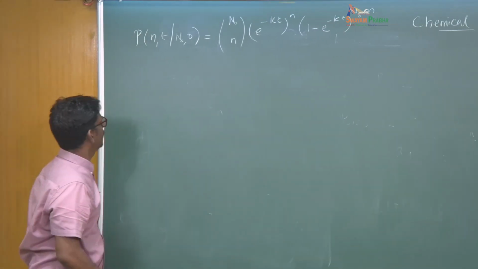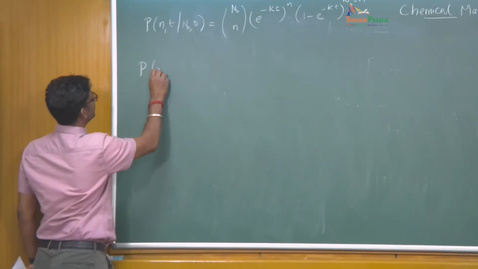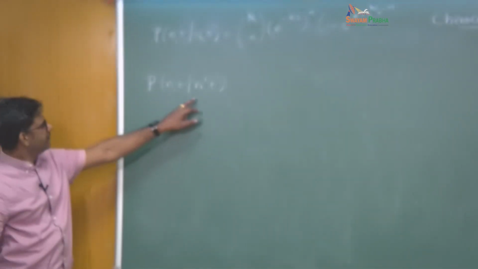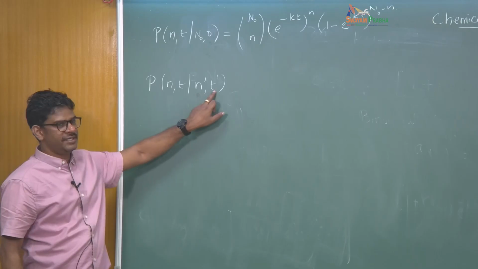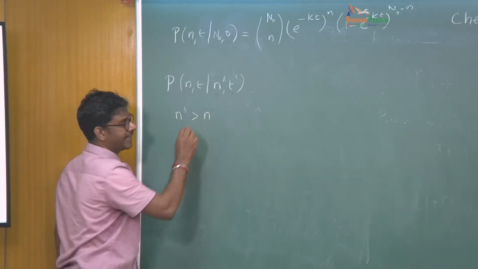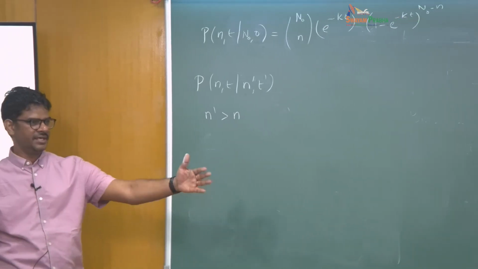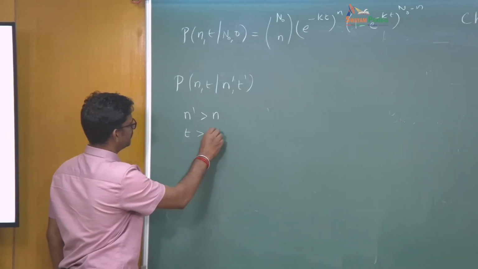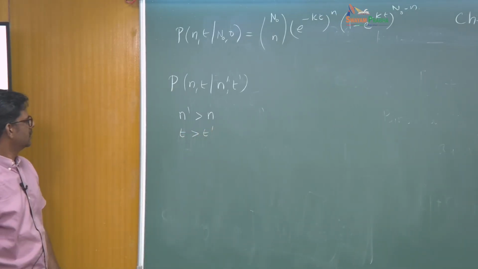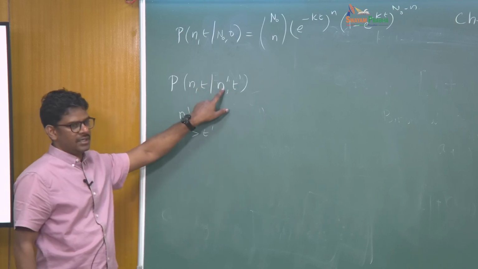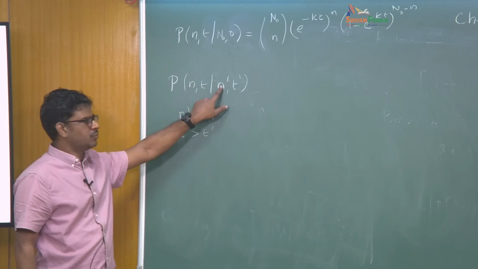Now with this form, we can also write a transition probability. If I have n prime number of molecules at time t prime, provided that n prime is larger than n, because n can only decrease, and t is larger than t prime. So when time increases from t prime to t, n can only decrease, so this has to be more than this.